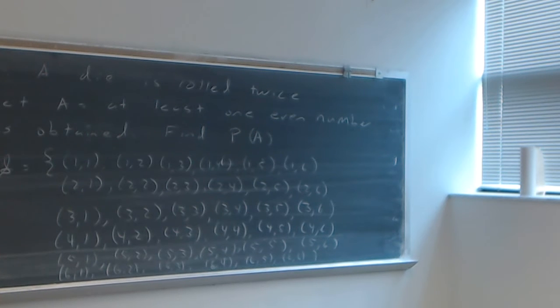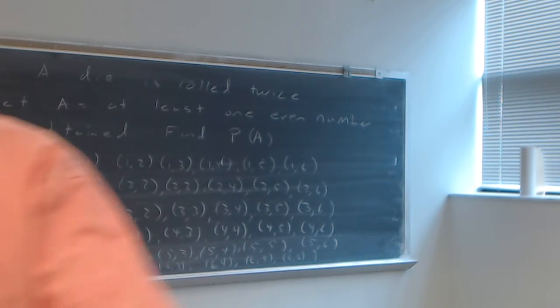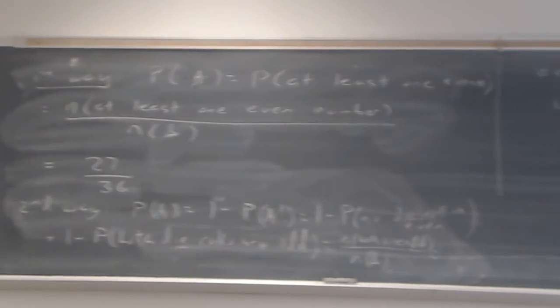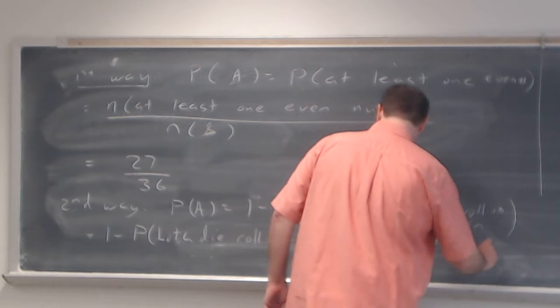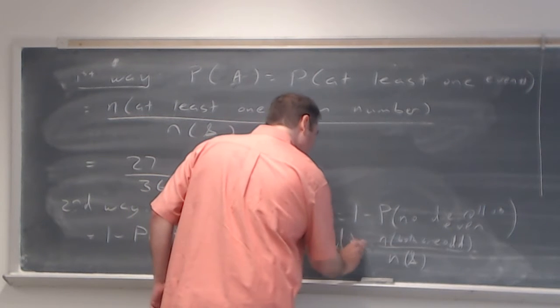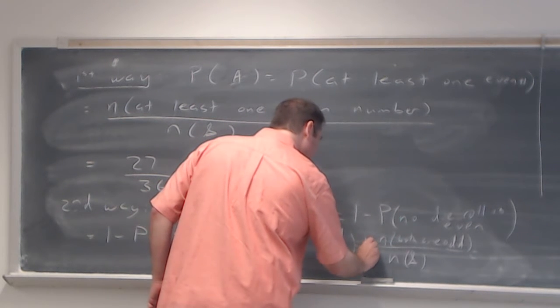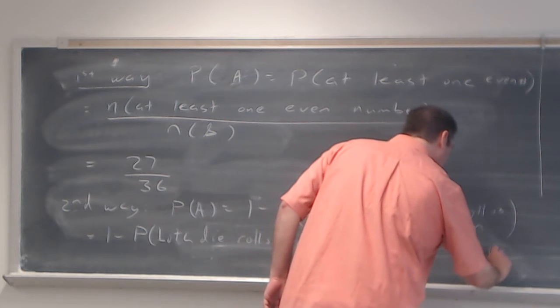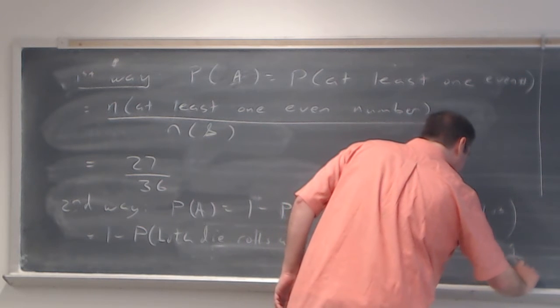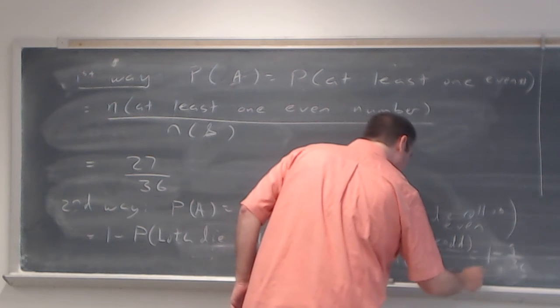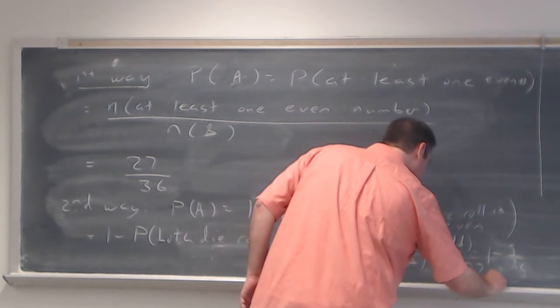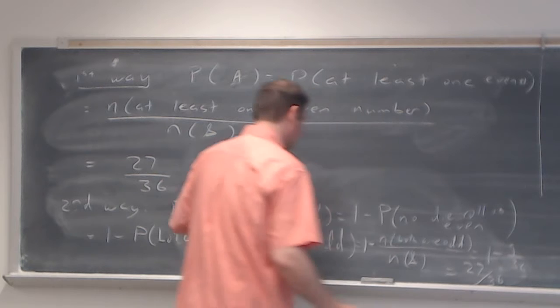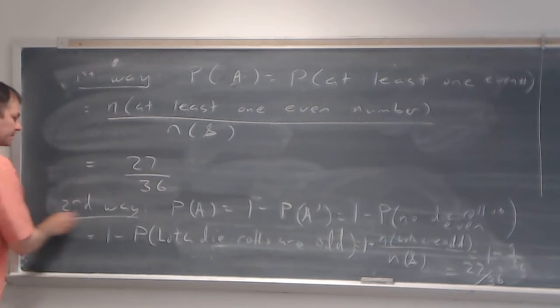So my answer here is 9, or I'm sorry, I made a mistake here. It's 1 minus this. So my answer is 1 minus 9 out of 36. That's 27 out of 36, which is the same answer we got in the first way of doing it.